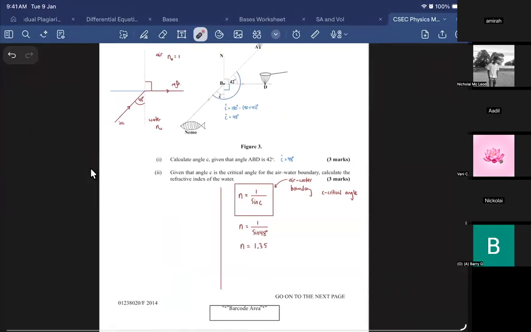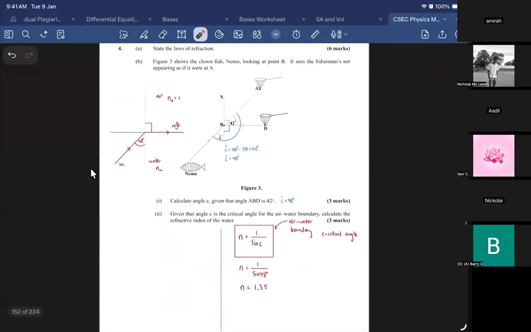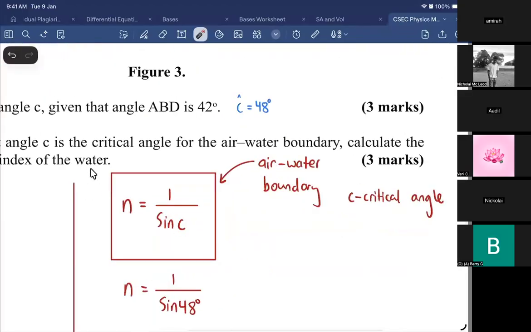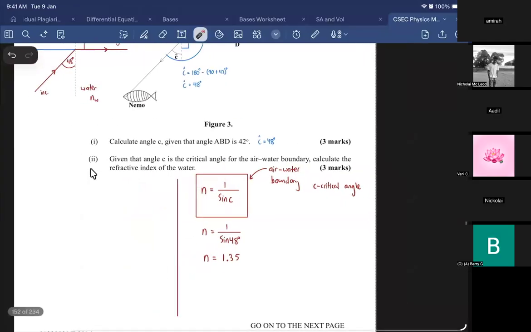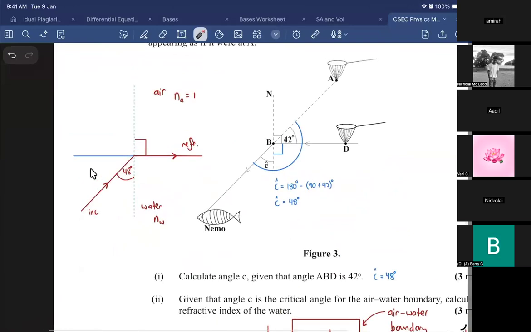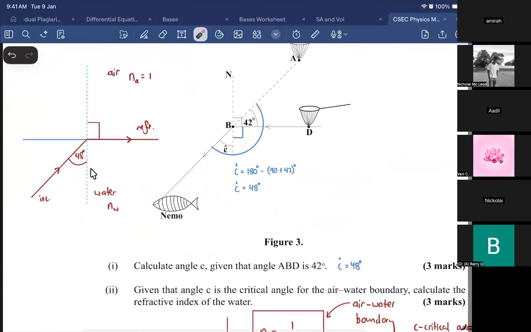Vani, are you there? Right, so Vani, have you ever seen this formula before? Did you ever do this in school? Nah, I never seen it before. Okay, well, now you know. So Vani, total internal reflection and the critical angle only happen when you're going from what medium to what medium?